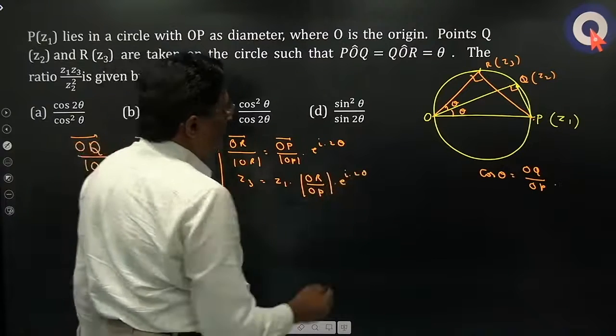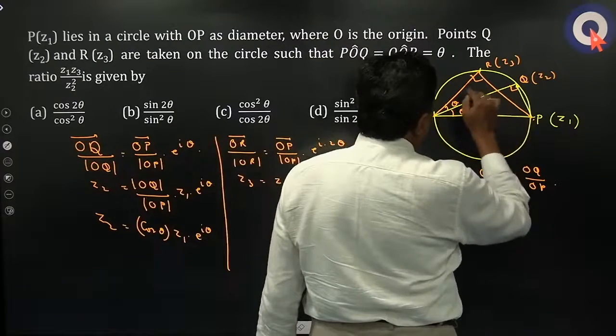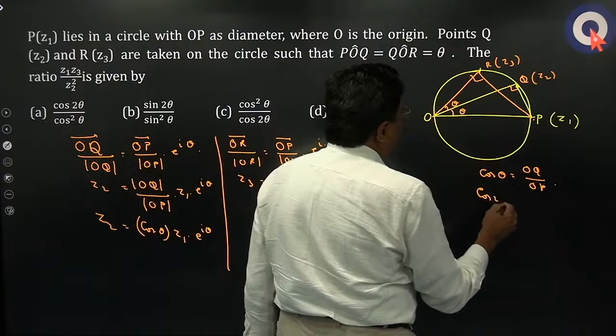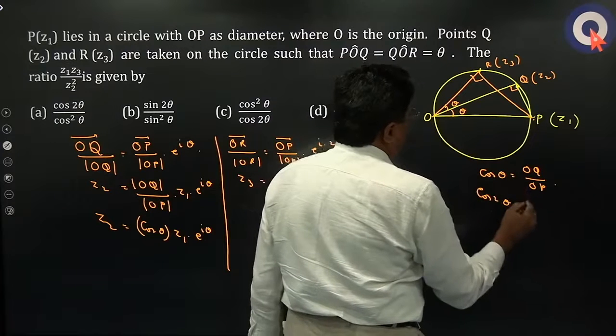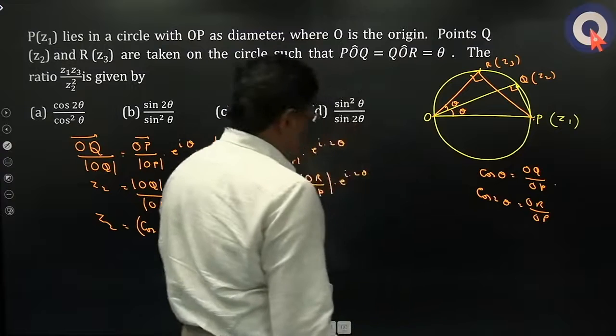Now OR by OP, if I consider the triangle OPR, even this is a right angle triangle. So in this, cos 2 theta is OR by OP. So OR by OP is now cos 2 theta.